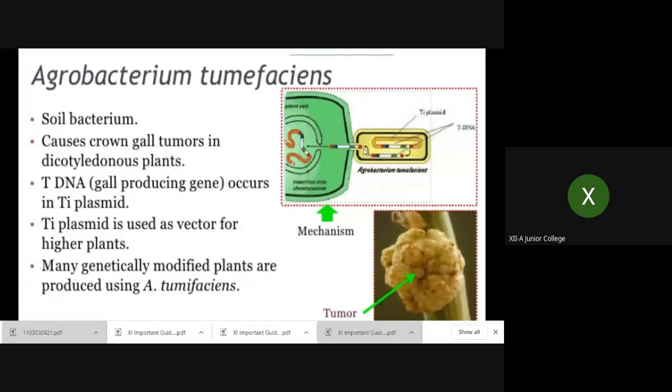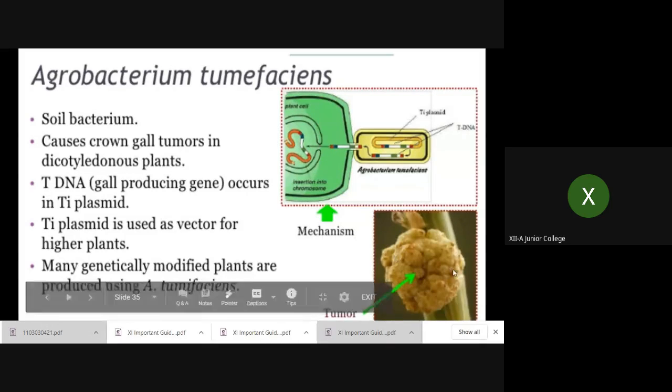When it infects the plant cell, it injects its own genetic material into the plant cell. The cell gets infected with that and produces its own copies, and the number increases. If you see this diagram, this is the plant where this tumor-like growth, this excess of growth, is called a tumor.